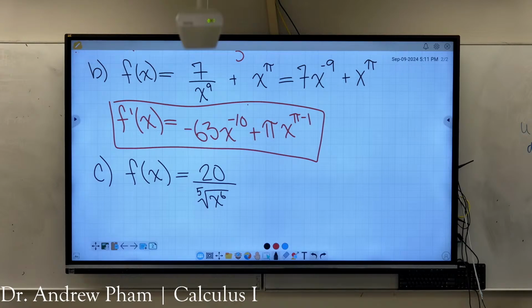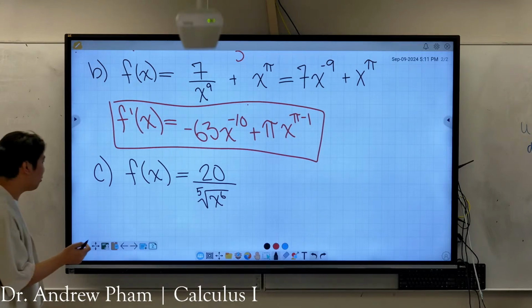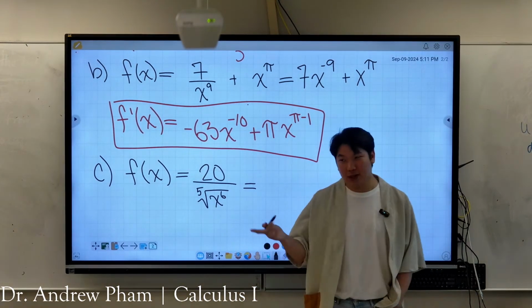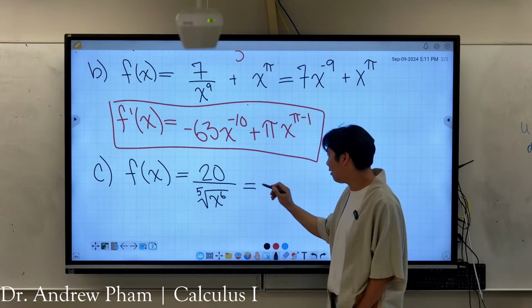Yeah, a couple of reasons I would take. For example, it's not just number x to a power. Here, my x on the bottom, I may have some issues. How might I want to rewrite it? Well, the 20 is staying there. Nothing's changing there.